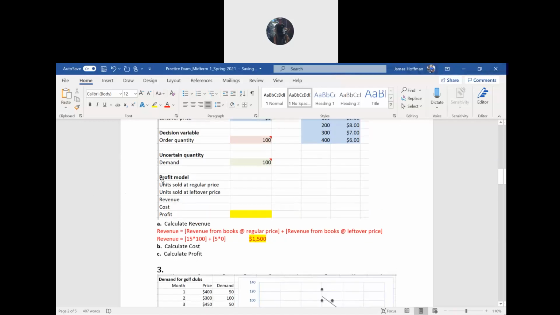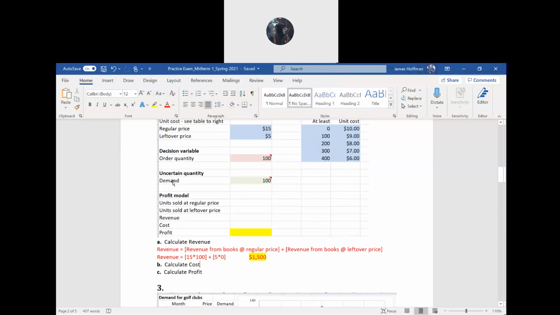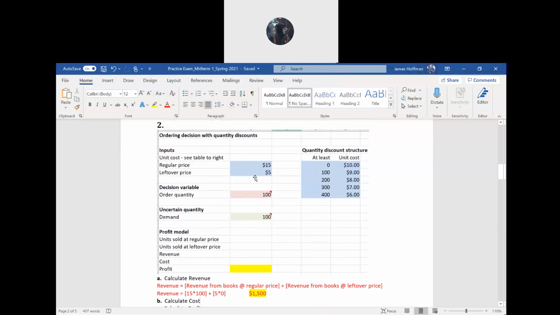Okay, now, all right, so we get to calculate cost, and the cost per book is based on how many we ordered.